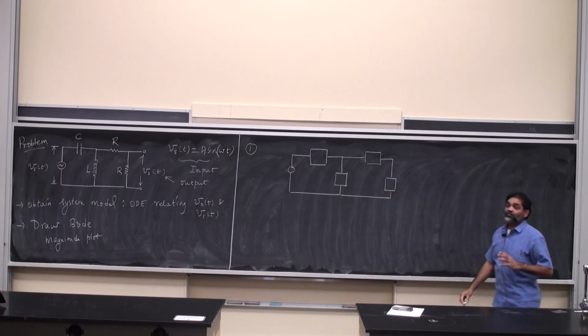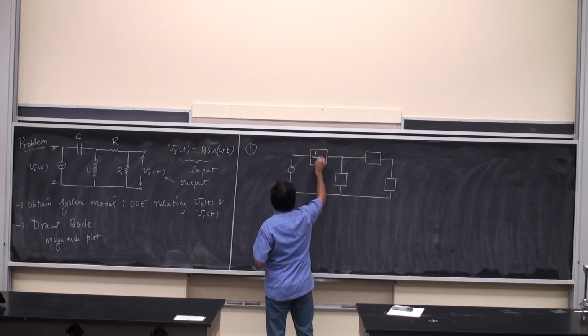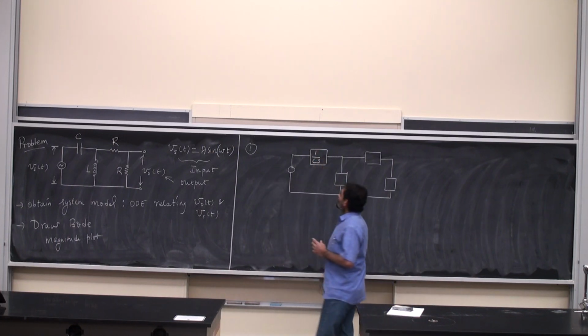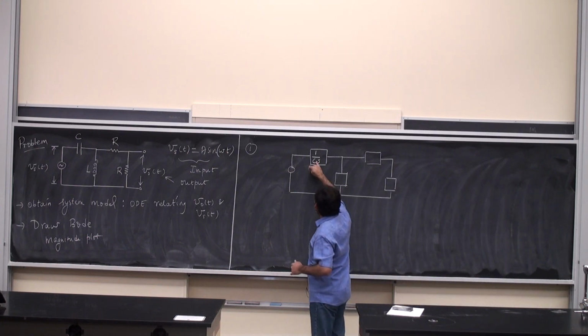The impedance of the capacitance element is 1 by Cs. People in the back, can you see my writing? 1 by Cs.